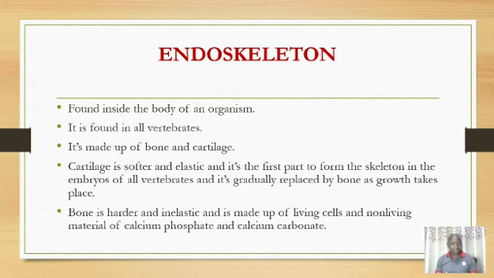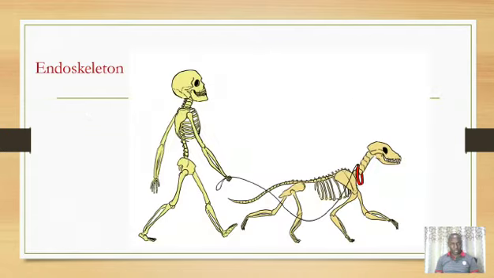You realize the bones are found inside, and it is a common skeleton in vertebrates. When we look at this image here, we can see the skeleton of a human being. But when you look at a human being from the outside, you don't see those bones. Why? Because it is found inside.